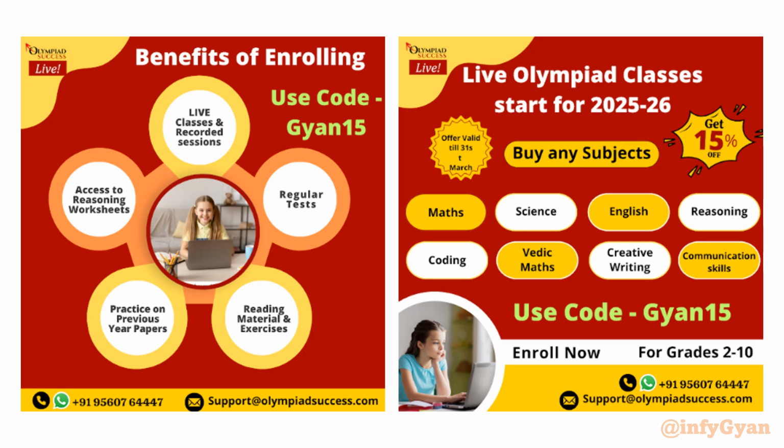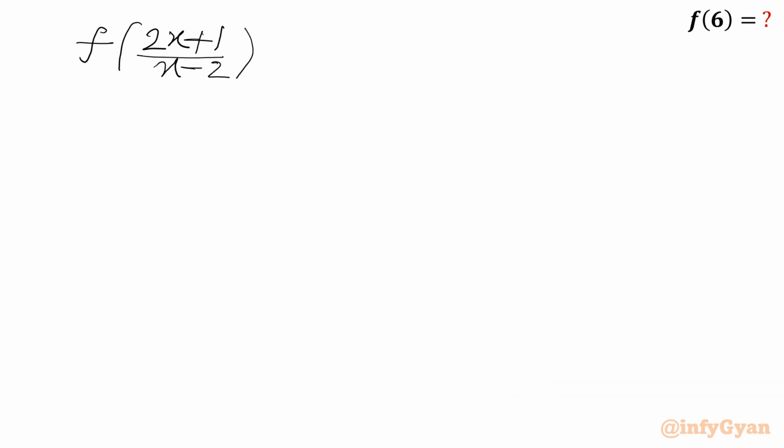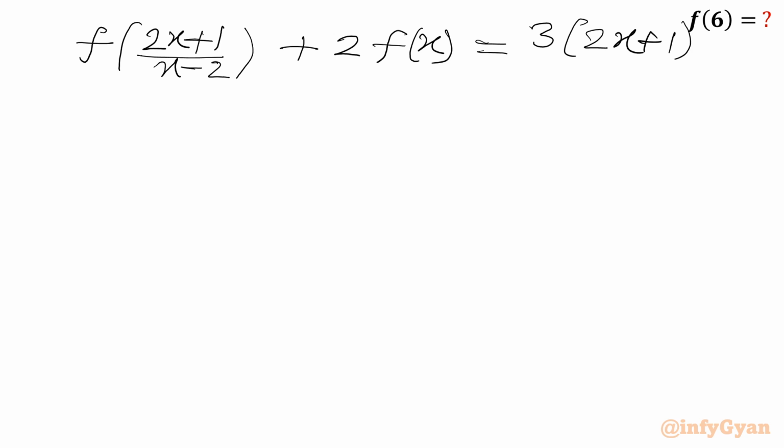Let's come back to our problem. So I will write our equation f of (2x plus 1) over (x minus 2) plus twice f of x equal to 3 times (2x plus 1) over 5.